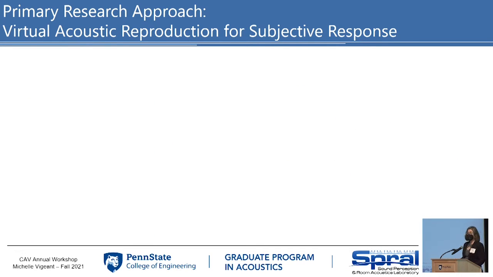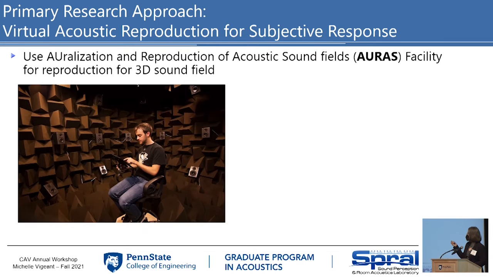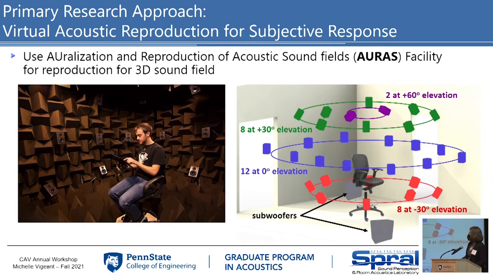In general, for the research that we do, we use this physical space, the Oralization and Reproduction of Acoustic Sound fields, or the ORIS facility. If you participated in last year's workshop, there was a video that talked about this facility, and it's linked on my website. This facility consists of 30 2-way loudspeakers and 2 subwoofers.